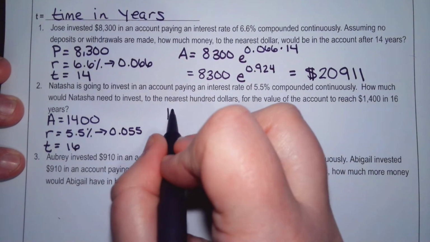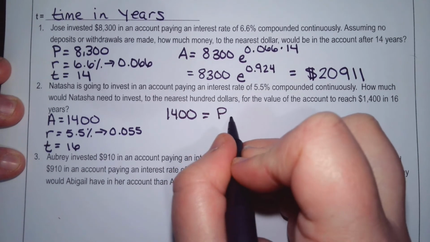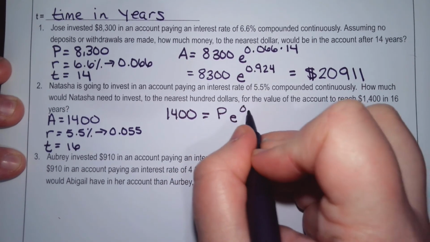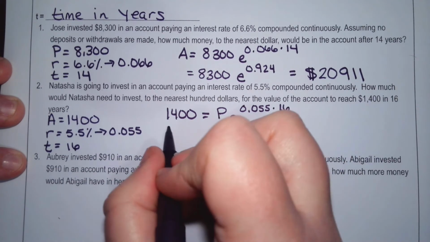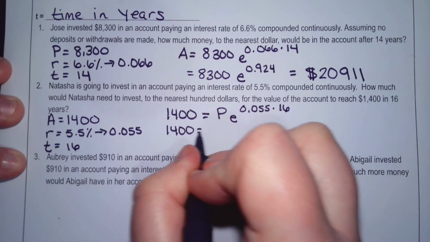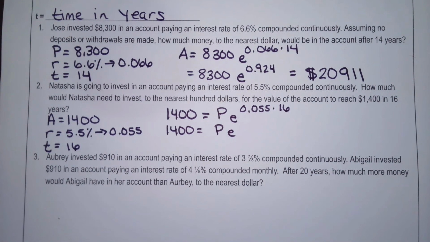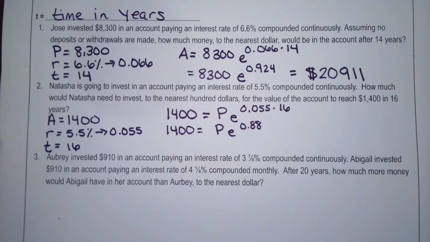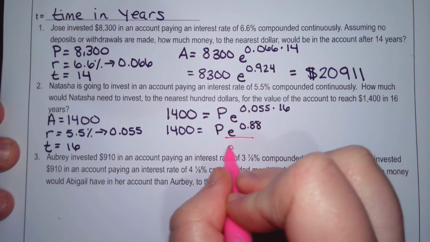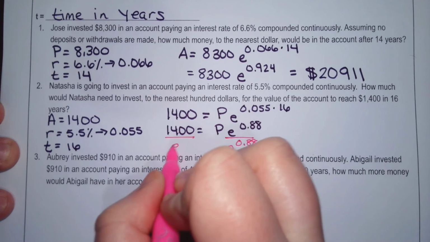So we have 1,400 is equal to P E to the 0.055 times 16. I'm going to simplify the exponent, 0.055 times 16. That is 0.88. And then all we have to do is divide both sides by E to the 0.88 power.